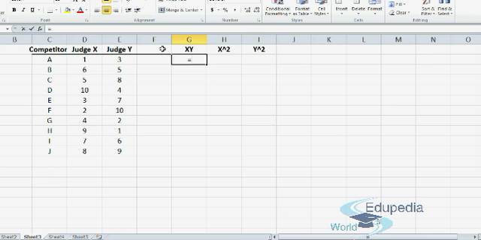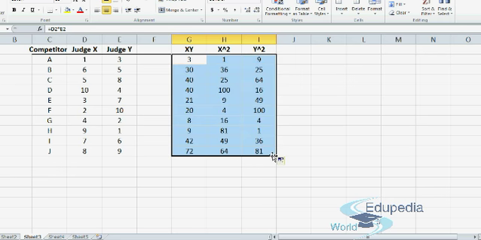Okay, so this would be the value here multiplied by y. This would be the square of the values of x, and this would be the square of the values of y. Okay, now dragging them down for all the cells here, I have the values.